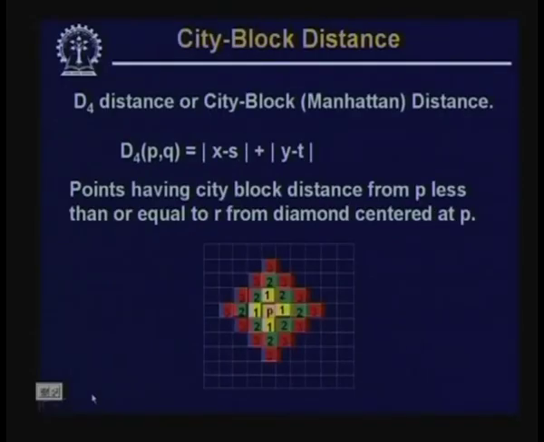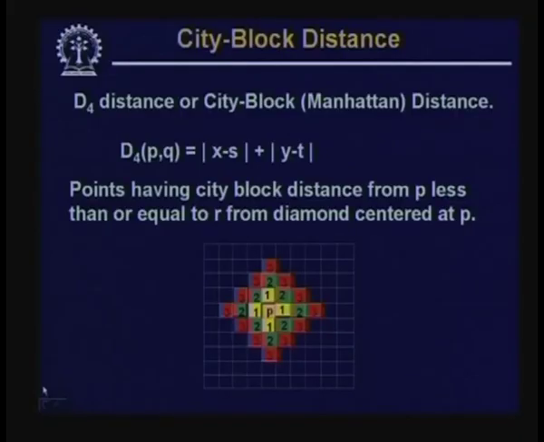Now, coming to the second distance measure, which is also called D4 distance or city block distance, also known as Manhattan distance. This is defined as D4(P,Q) equal to the absolute value of x minus s plus the absolute value of y minus t.